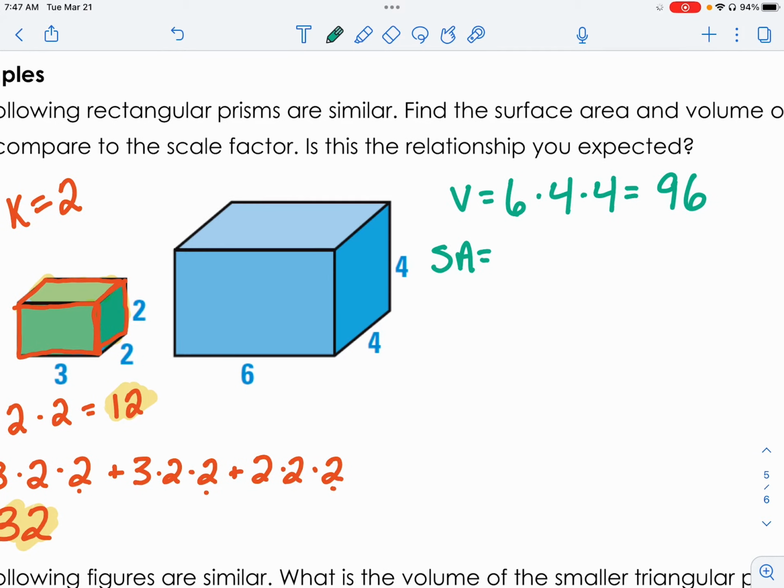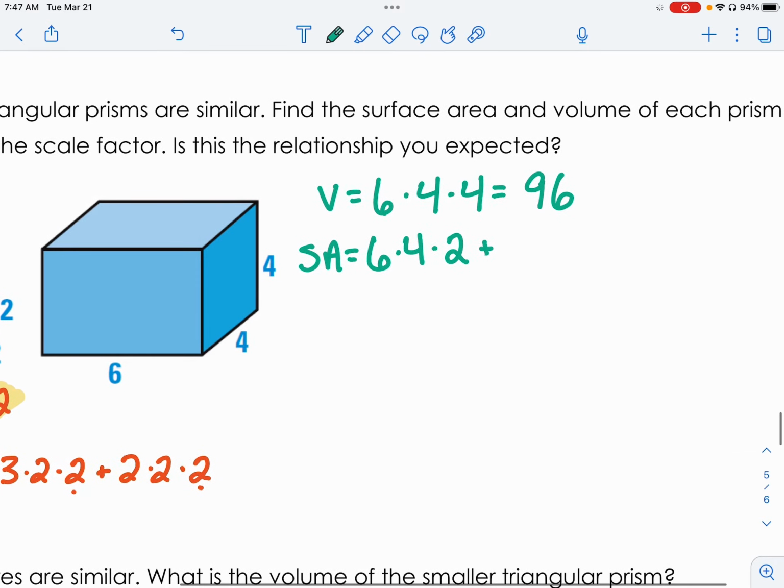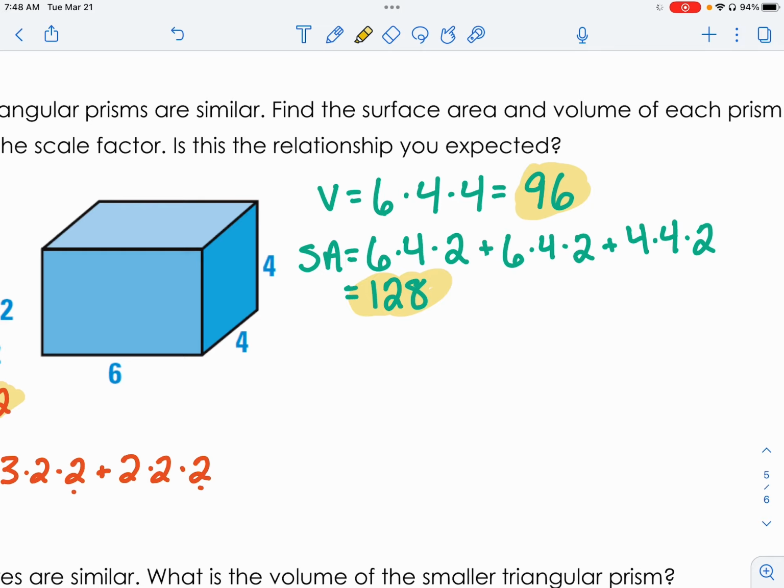We take that front facing us, which is 6 times 4, and remember there's a back, so you have to multiply by 2. We do the top, which is also 6 times 4, and then there's a bottom, so we double it. And then our sides, which are 4 by 4, and we double those. So that equals 128. So remember, our K value was 2.